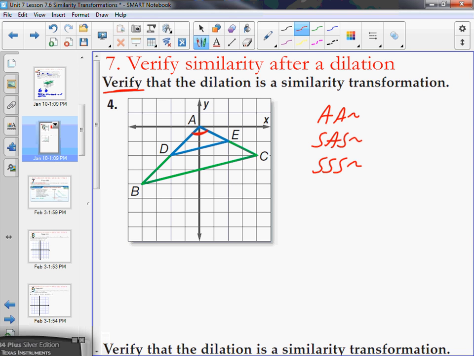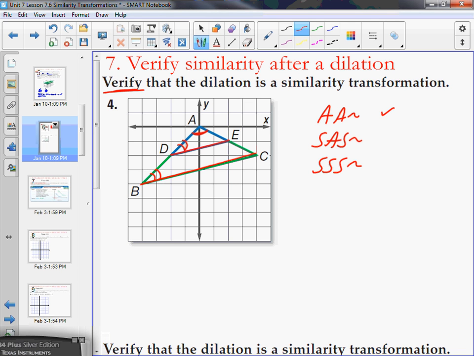Then, if I found the slope of DE and the slope of BC, and they turn out to be parallel, wouldn't these two angles be congruent? Because two parallel lines cut by a transversal, corresponding angles are congruent. So that's how we would try to use angle-angle similarity, by finding the slope to see if another pair of sides are parallel, and then using stuff, I think that was chapter 3, way back when. If two parallel lines are cut by a transversal, corresponding angles are congruent.